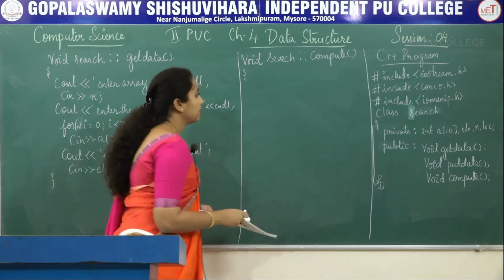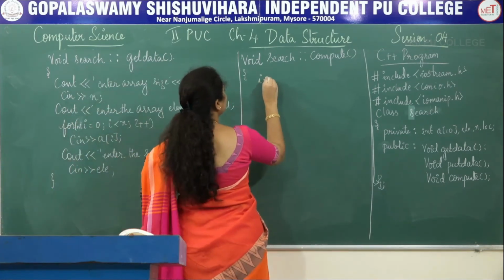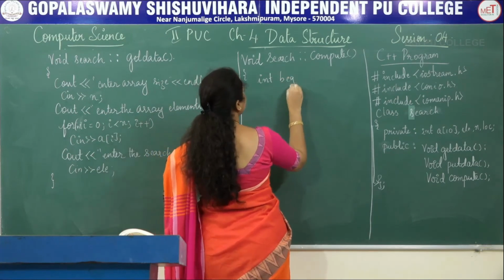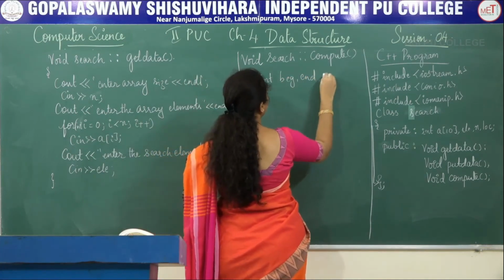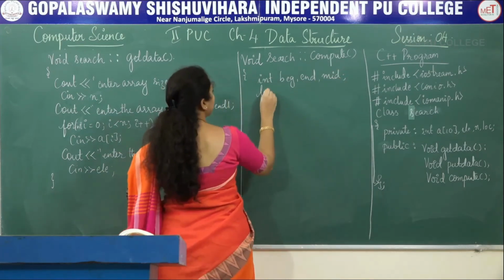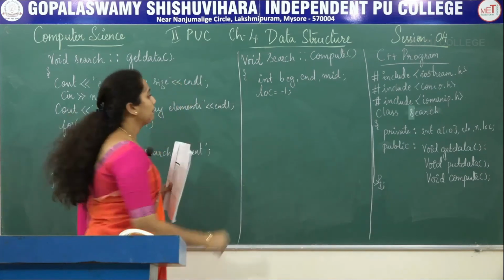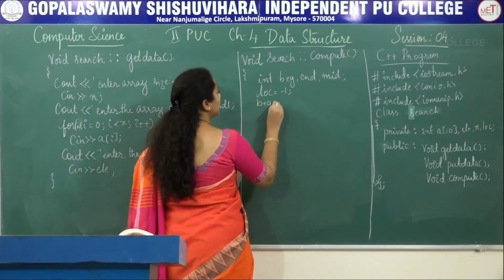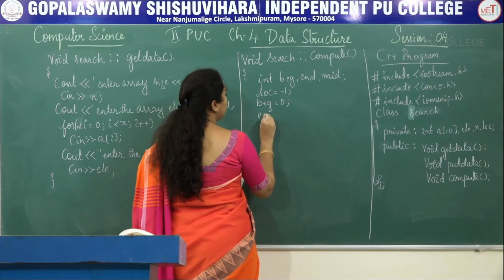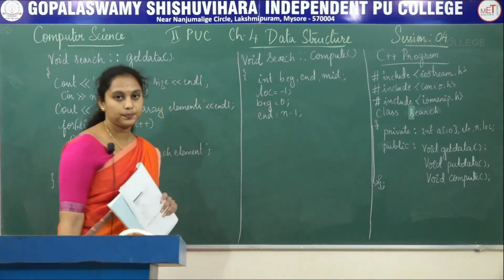Here we declare the variables int beginning, end and mid. Next, set location is equal to -1, beginning is equal to 0, end is equal to n minus 1.